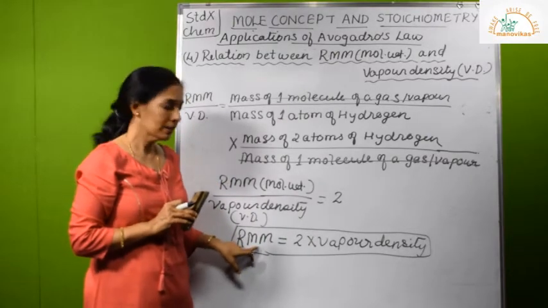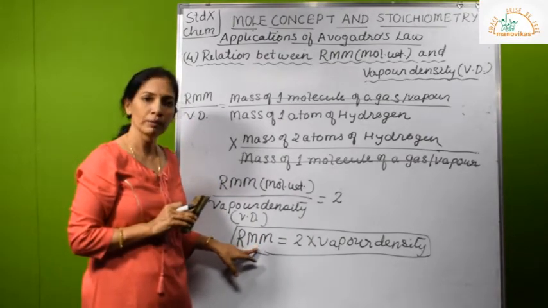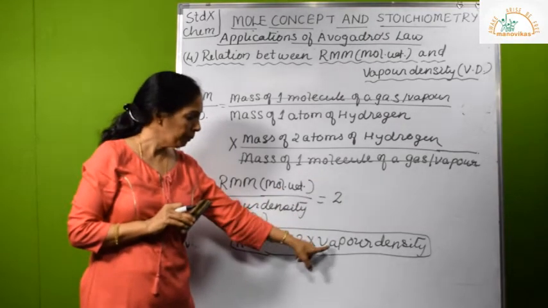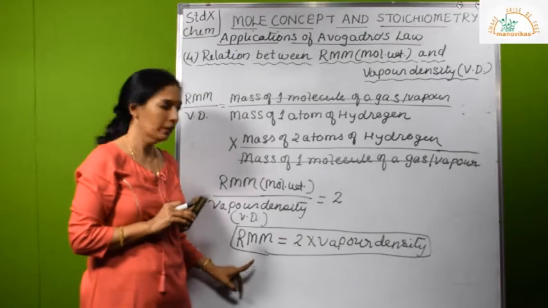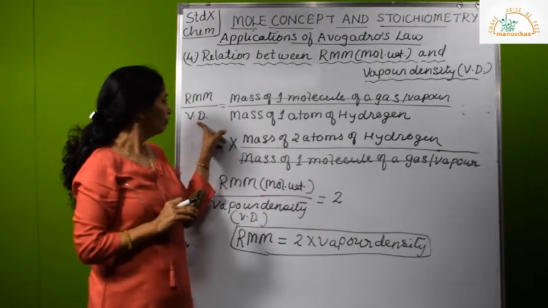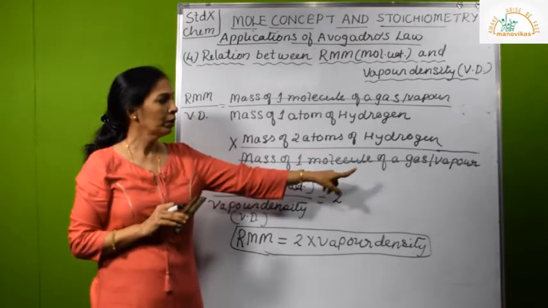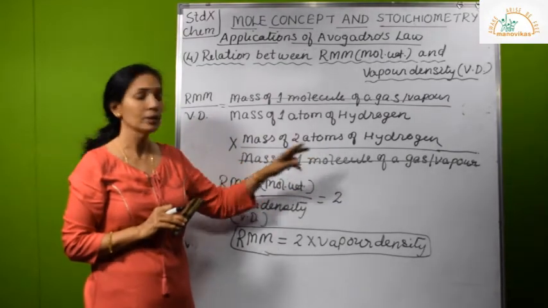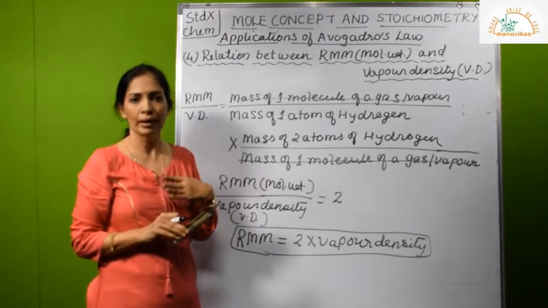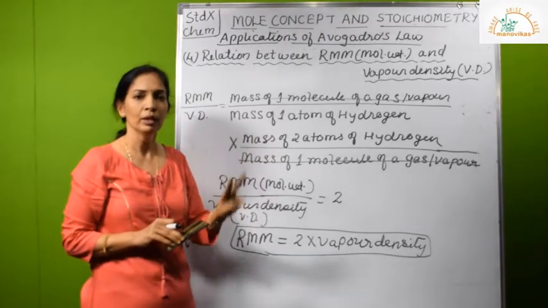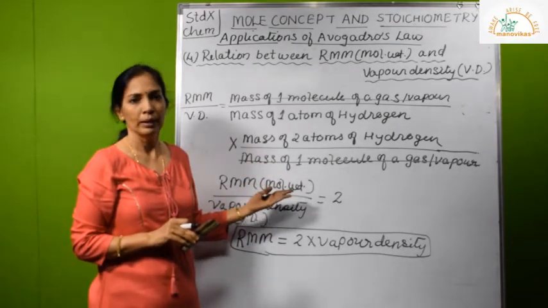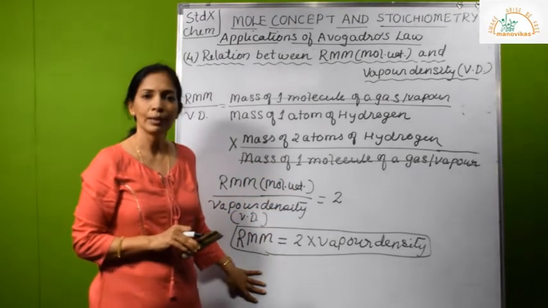Relative molecular mass or molecular weight of a substance, gas or vapor, is double of its vapor density, or vapor density is half of relative molecular mass. So this formula and vapor density is equal to mass of certain volume of gas or vapor upon mass of same volume of hydrogen formula. These two formulae you have to use in coming up numericals. Okay, so this is what the relation.